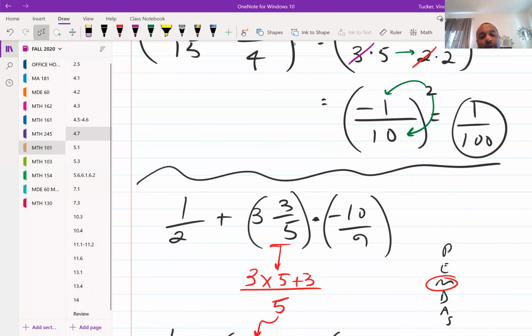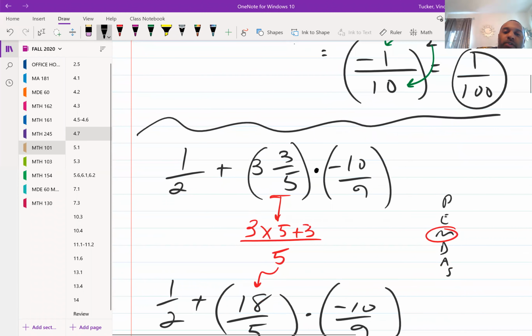All right. So here we have 1/2 plus 3 3/5 times negative 10 ninths. What I did was I turned 3 3/5 into an improper fraction first.